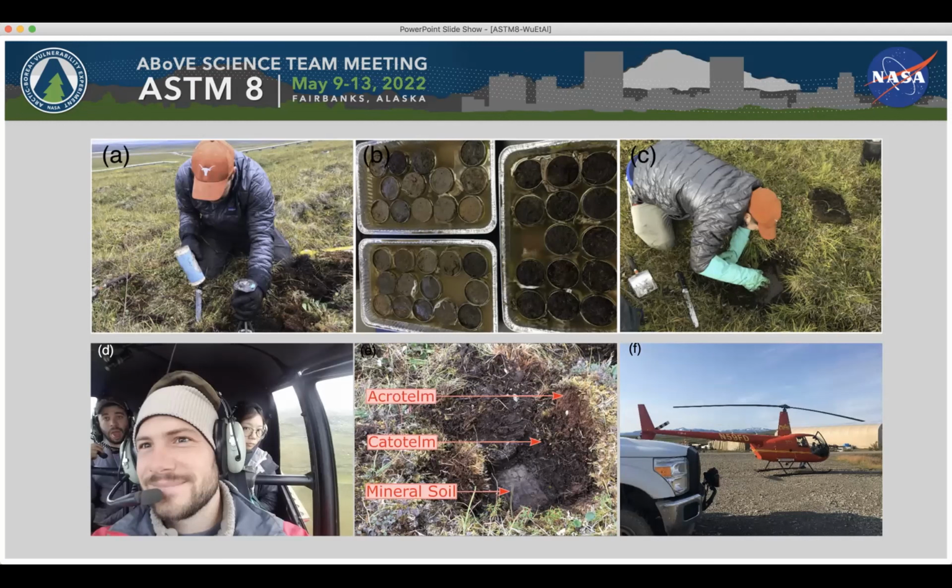But then one of the questions we have is that this field measurement is very noisy. If you walk 5 meters apart and collect a sample, it will look very, very different. And so how do we compare those measurements with the actual InSAR measurement? The InSAR pixel is really 50, 60 meters in size, right?